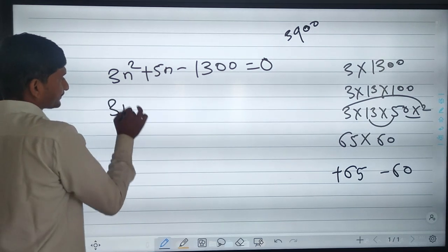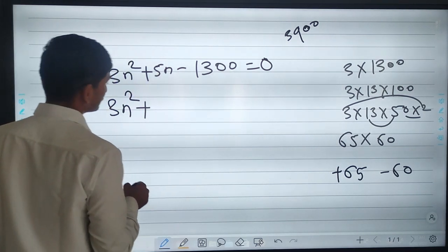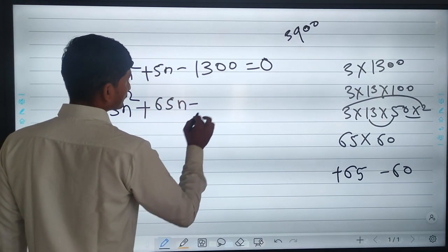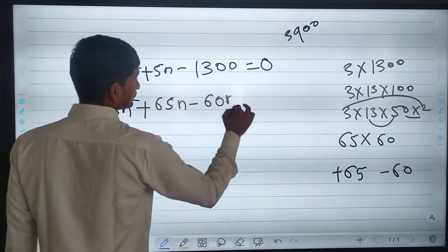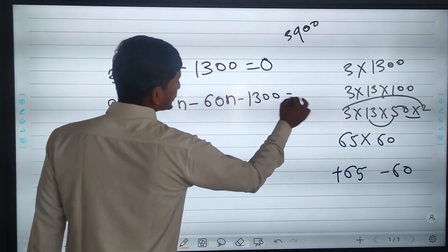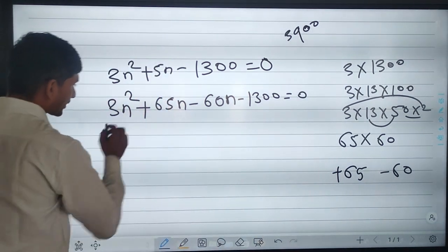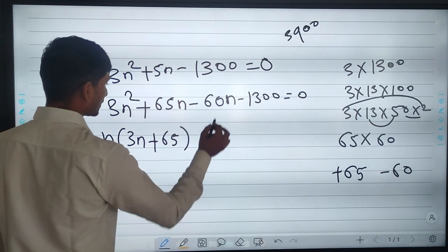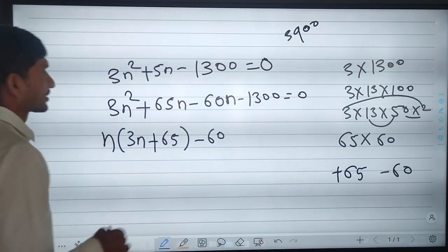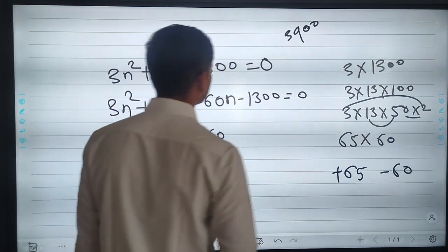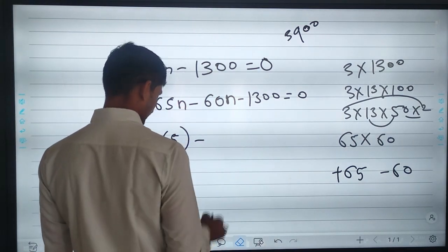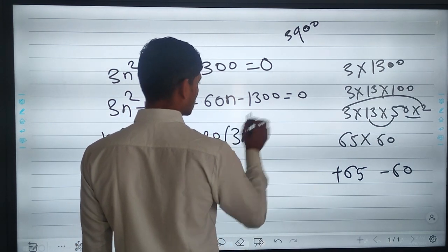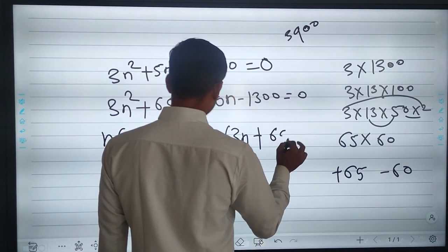Now we get 3n square plus 65n minus 60n minus 1,300 is equal to 0. Taking common n, remaining is 3n plus 65. Taking common 20, remaining is 3n plus 65.